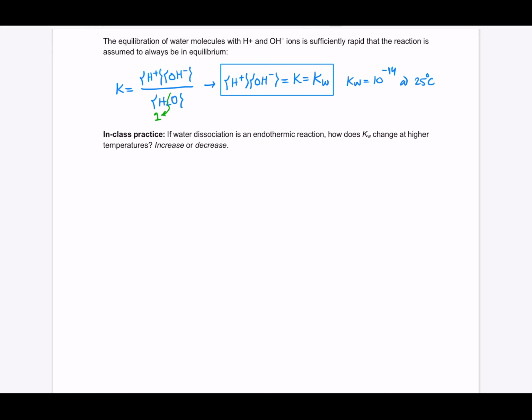If you remember, we had ln K versus 1 over T, and we had two different profiles, one endothermic, one exothermic, and the slope was minus delta H of reaction at the standard state.